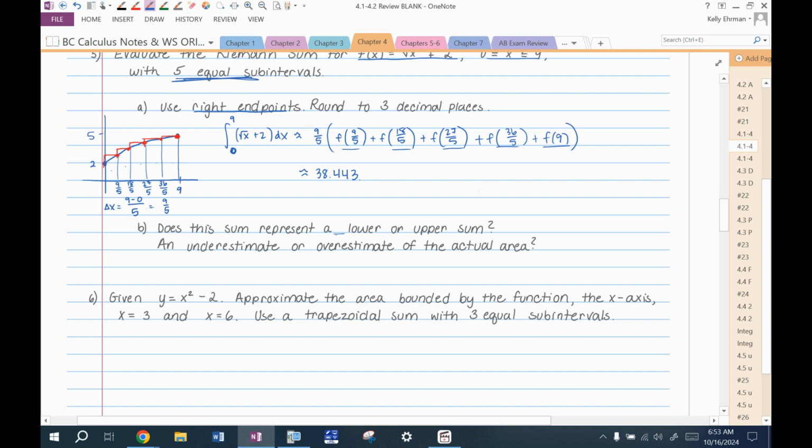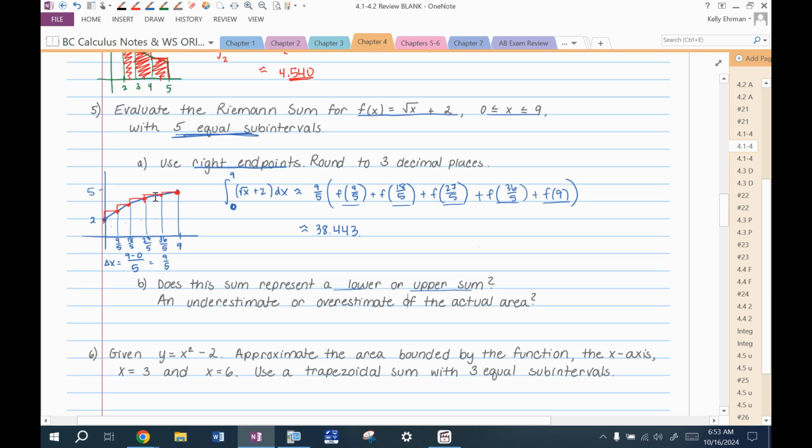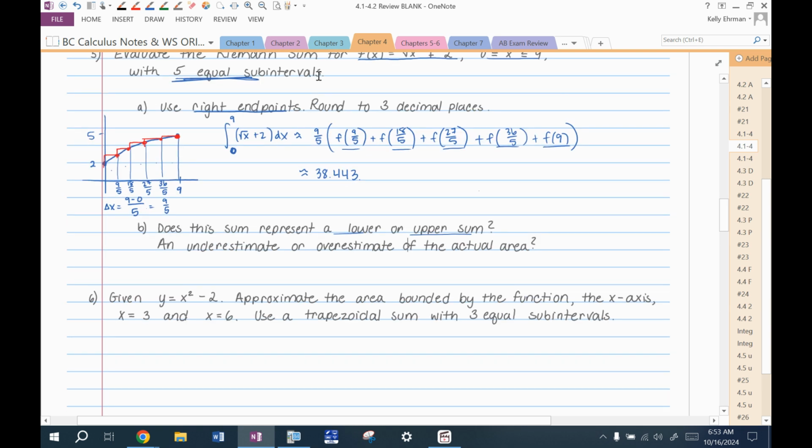Does the sum represent a lower or upper sum? So I like to have the picture to decide this because the function is increasing and we used a right endpoint, this is an upper sum. Is this an underestimate or overestimate of the actual area? So this is an overestimate, right?